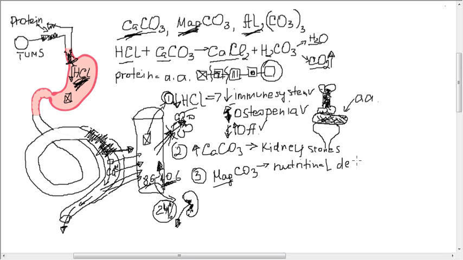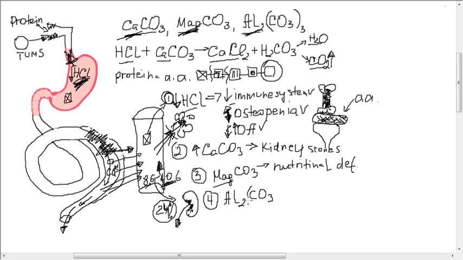It could create any number of nutritional deficiencies: protein deficiency, B12, magnesium, calcium deficiency, you name it.